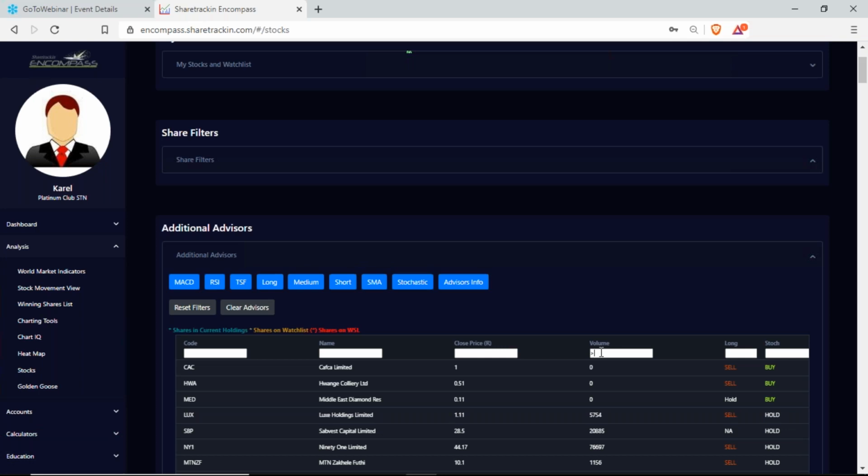As we can see there, the first one is Kafka Limited, and they have no volume, meaning nobody bought or sold shares in that company. And that is what we want to avoid. So here I'm going to insert greater than 100,000. Automatically, it filters as you type.